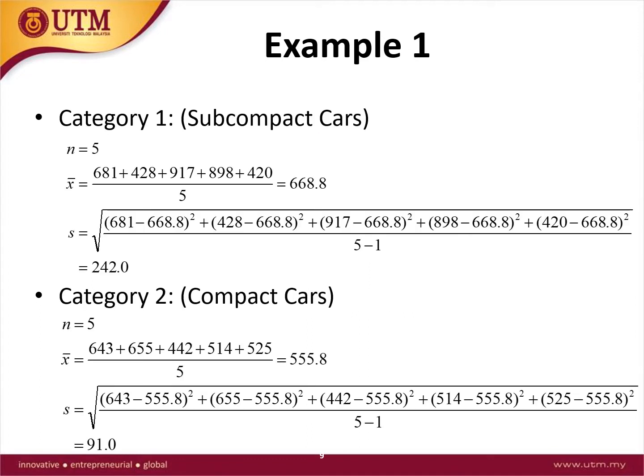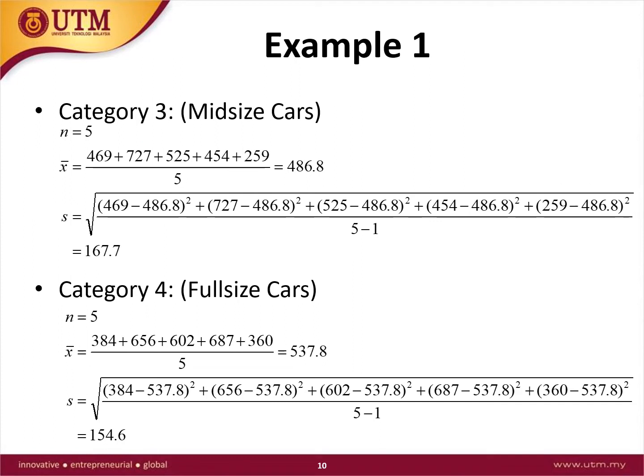Category 1 is subcompact, with its n, mean, and standard deviation. Similarly for category 2, category 3, and category 4, we calculate the number of records, the mean, and the standard deviation.